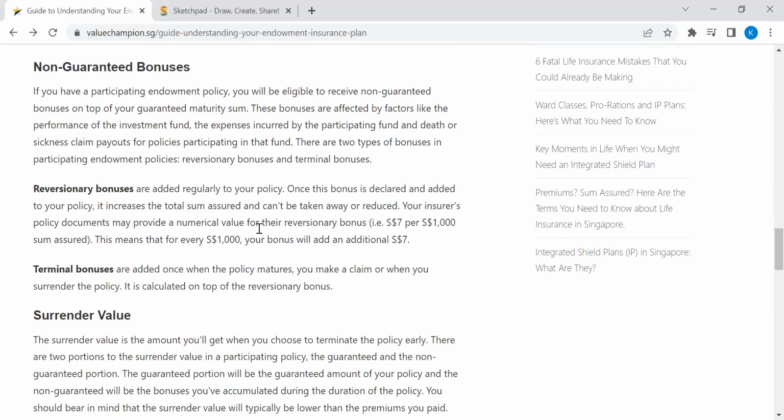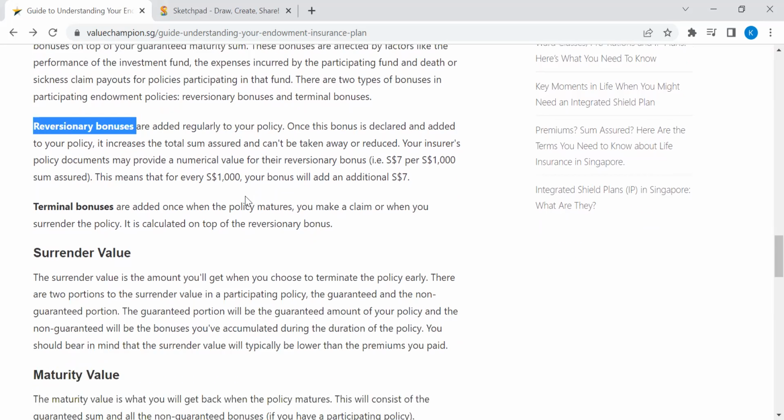So it is different from, say, investing in your own shares or stocks. When we do our own investment, all the profits are floating there in the market, also known as paper gains. So for this endowment, once these bonuses are declared, they become part of the guaranteed portion of the plan.